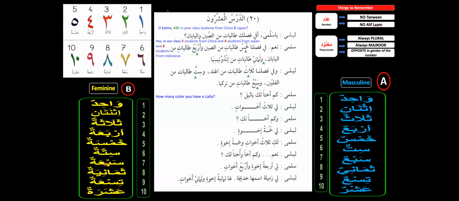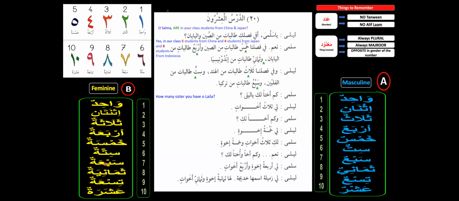So we say khamsu. We don't say khamsatu. Remember last class, we said khamsatu tullabin. Why? Because the singular of tullab was talib, which is masculine, so we chose the feminine number. Today we are counting female students, so the number is going to be masculine. I hope we don't need to say this over and over again.